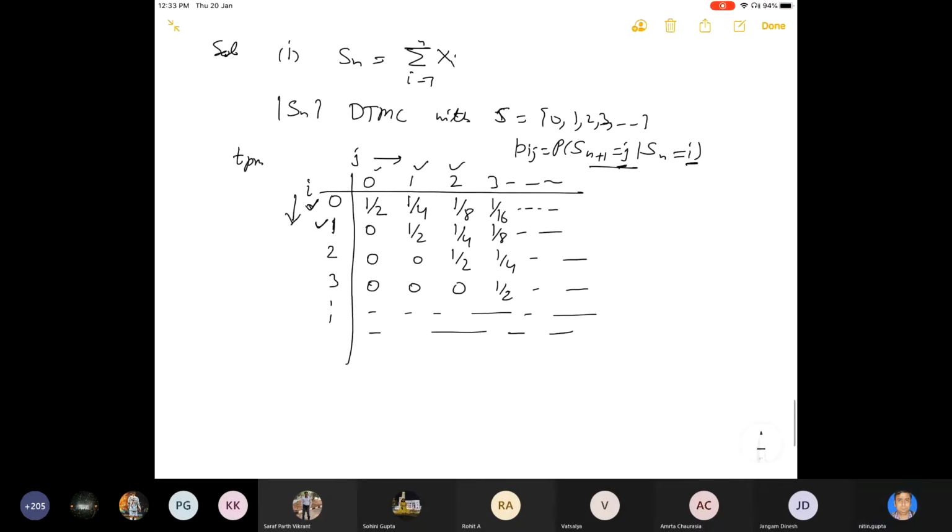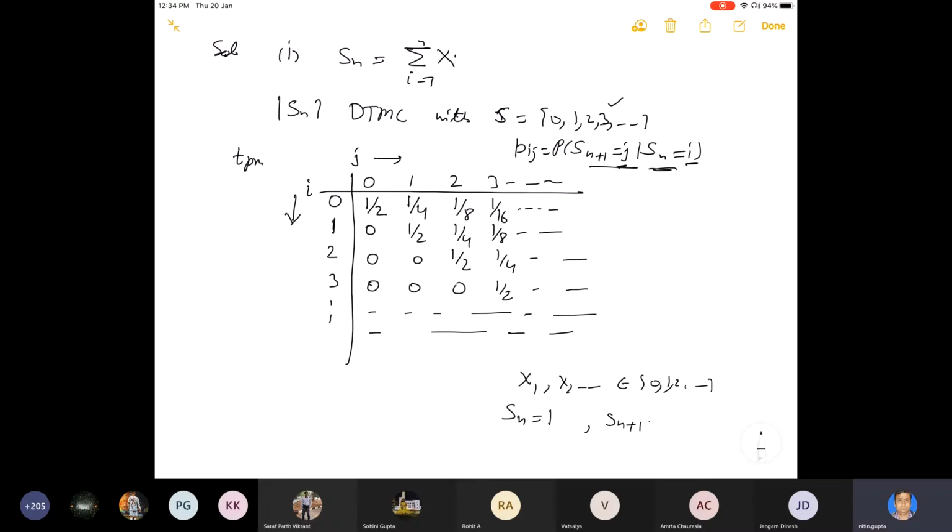Could you please explain that 0 part again? Why is it coming 0? First, i equal to 1, j equal to 0. Okay. x1, x2 and so on can take value 0, 1, 2, 3 and so on, because this is the state space. Now Sn is 1.